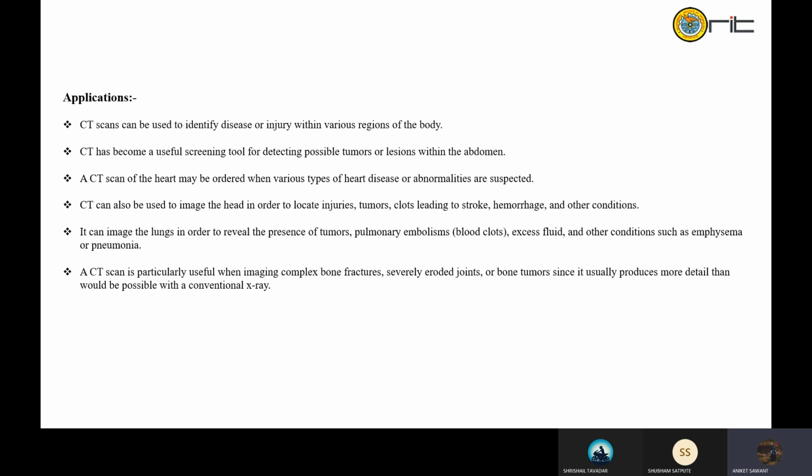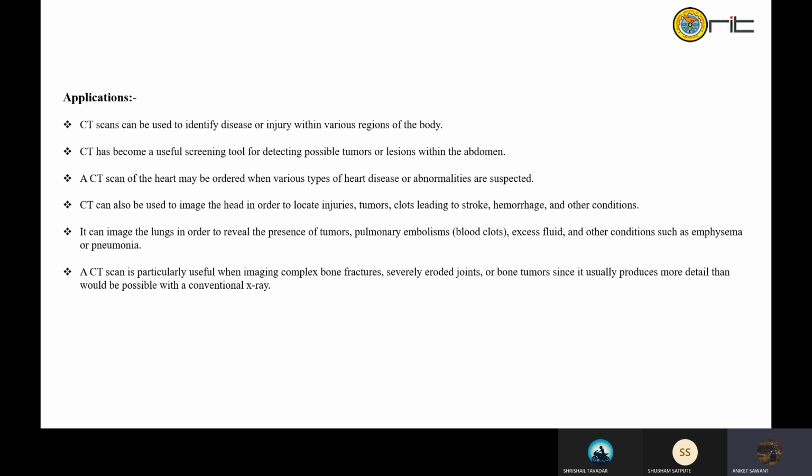Third, a CT scan of the heart may be ordered when various types of heart diseases or abnormalities are suspected. Fourth, a CT scan can also be used to image the head in order to locate injuries, tumors, clots leading to stroke, hemorrhage, and other conditions.